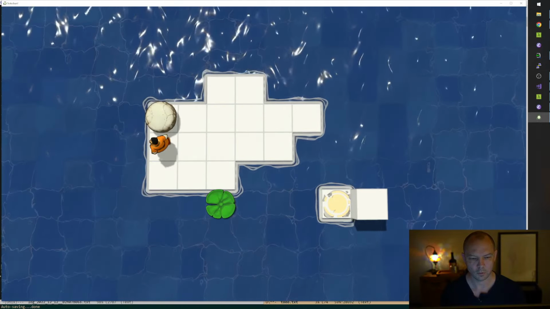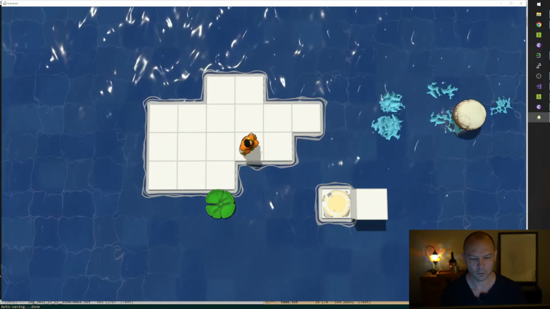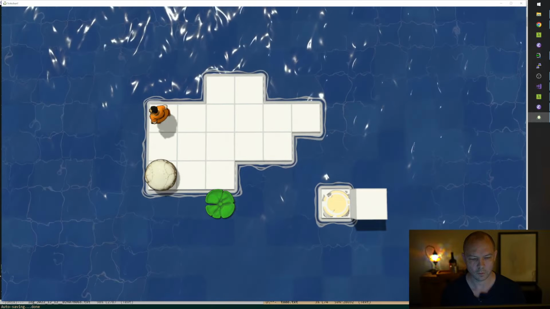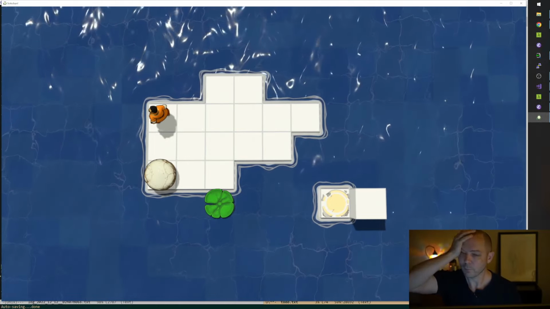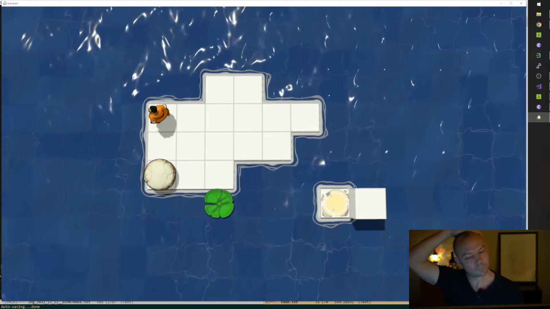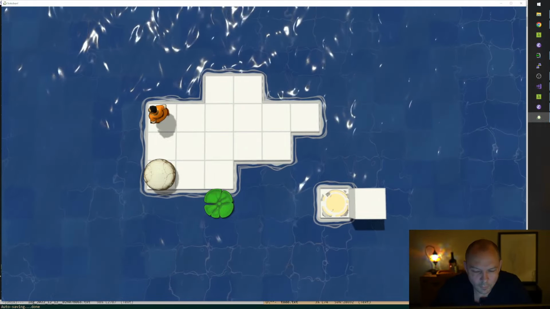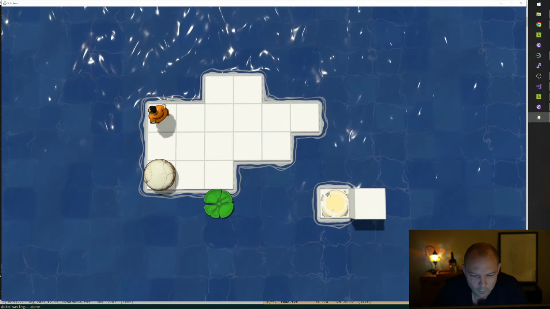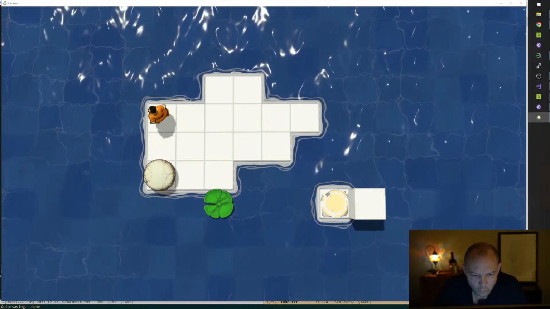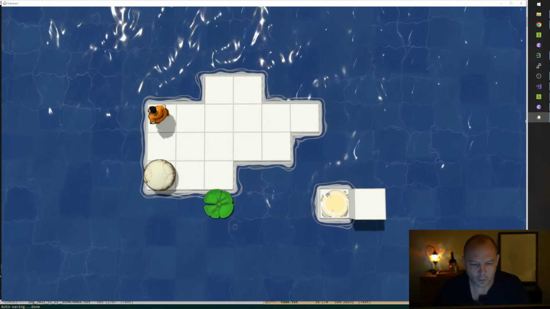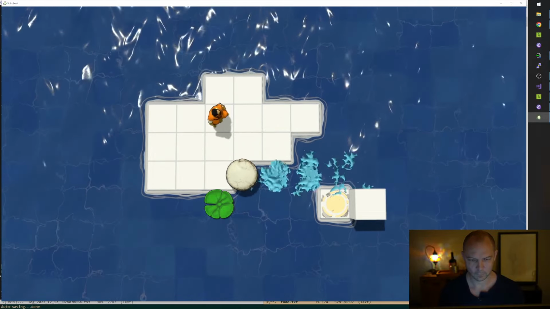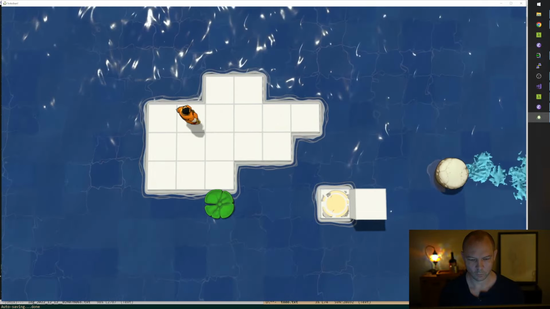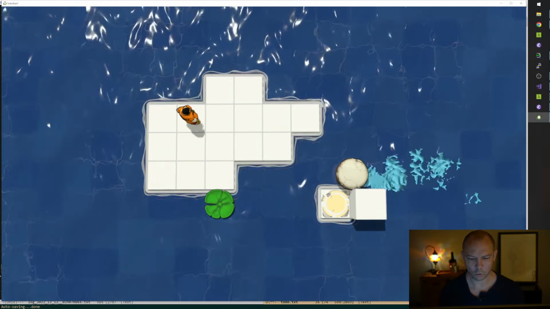Oops. Wait, what is it? I want to get it in the middle of the island, in a way. In a world. Oh yeah, no. We go here. Okay. Whoa, Nelly, that's incorrect.